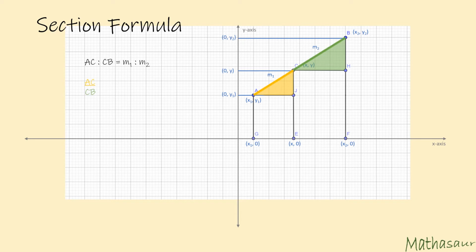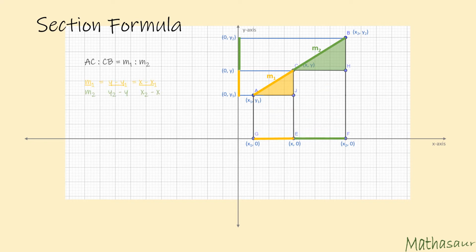So AC by CB would be equal to CJ by BH, which would be equal to AJ by CH. Substitute AC by CB by m1 by m2. We can write the lengths of the segments in terms of the y and x intercepts. So CJ would be equal to y minus y1 and BH would be equal to y2 minus y.